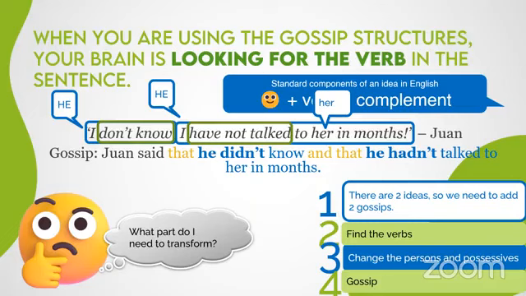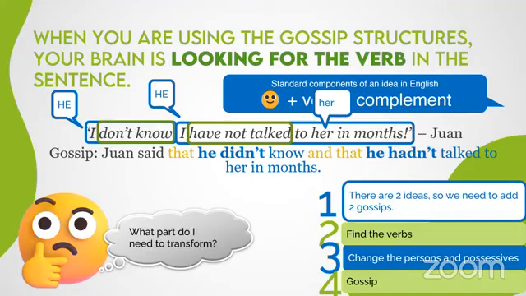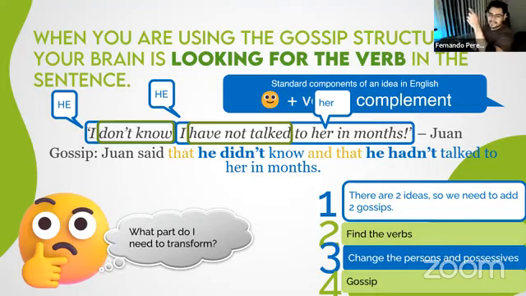I have a question. In the second sentence, it is already in past, right? When you are gossiping, you need to transform past to past before past? Yes, that's right, because in English exists a second past.